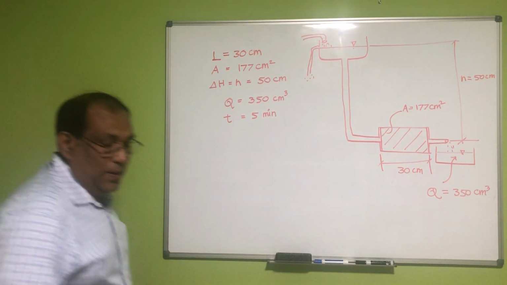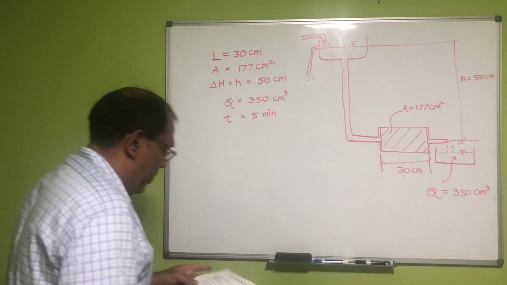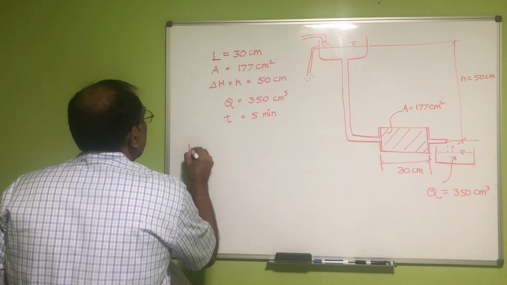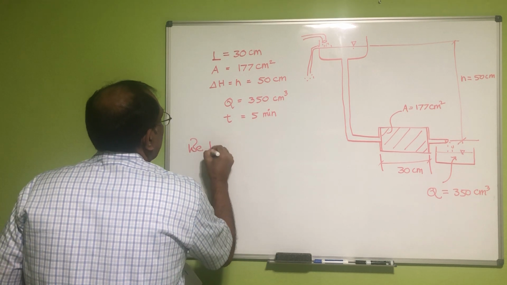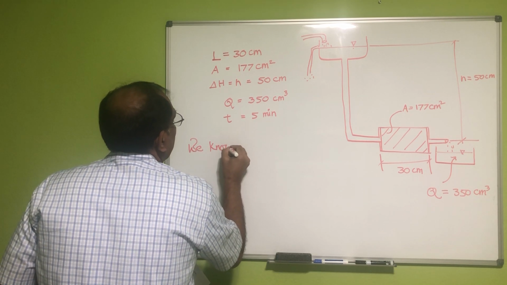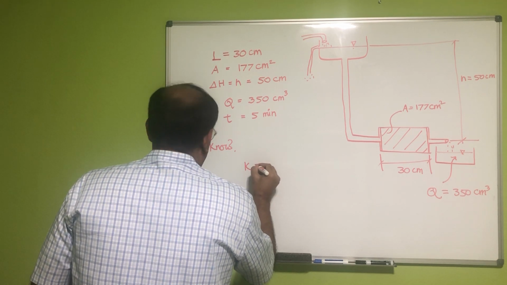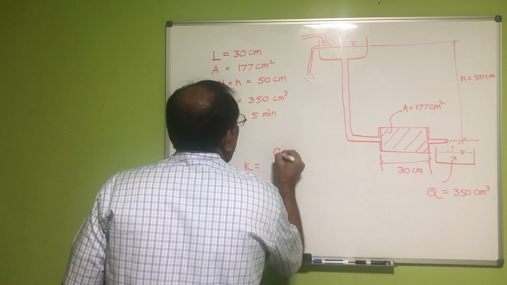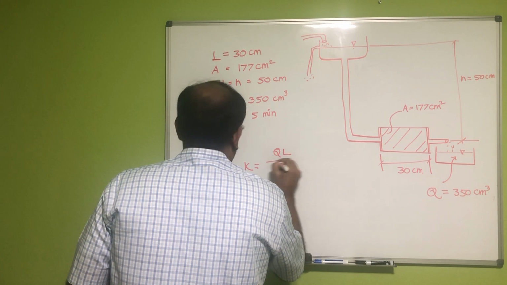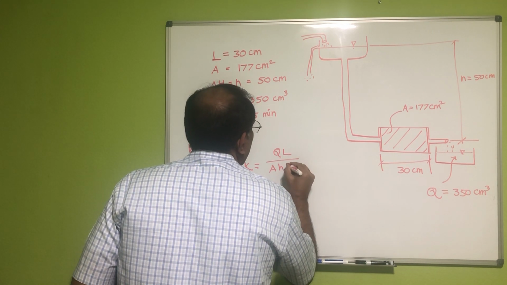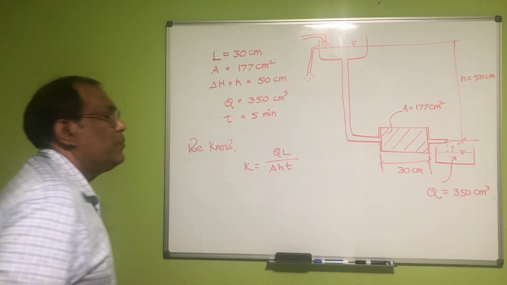Now, we know that hydraulic conductivity is basically QL divided by AHT.